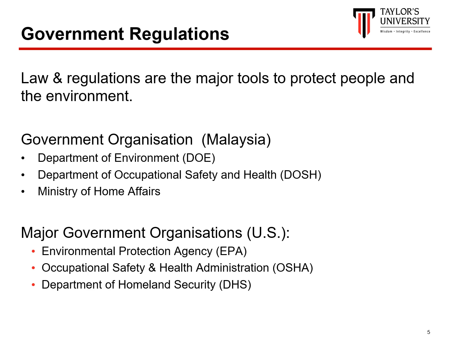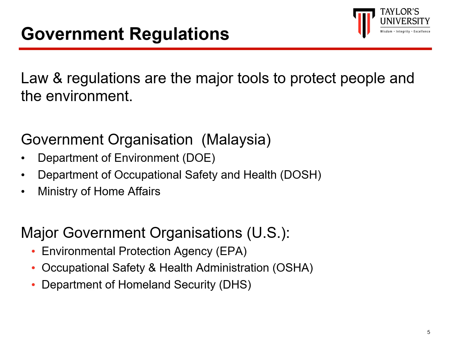If you look at the counterpart in the US, Congress authorized certain government organizations to pass the laws and regulations. The counterpart for DOE will be EPA, the counterpart for DOSH in the US will be OSHA, and the counterpart for the Ministry of Home Affairs is the US Department of Homeland Security.